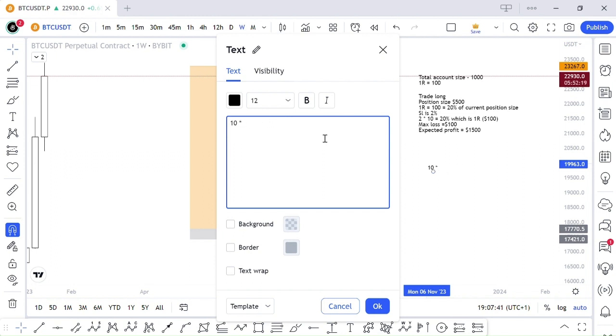However, I'm not stupid. So if somehow I'm having a bad streak as soon as the challenge starts, and we take three losing trades in a row, that means we've made a $300 loss. What I will do is reduce the R by 50% and make it $50 instead of $100, until we gain the momentum back, and then we go back to 100.